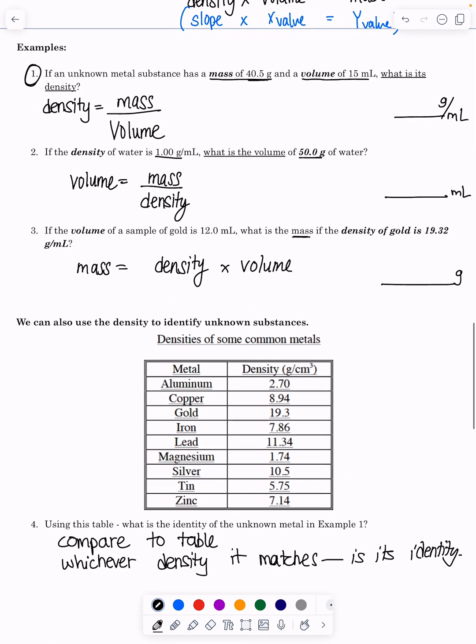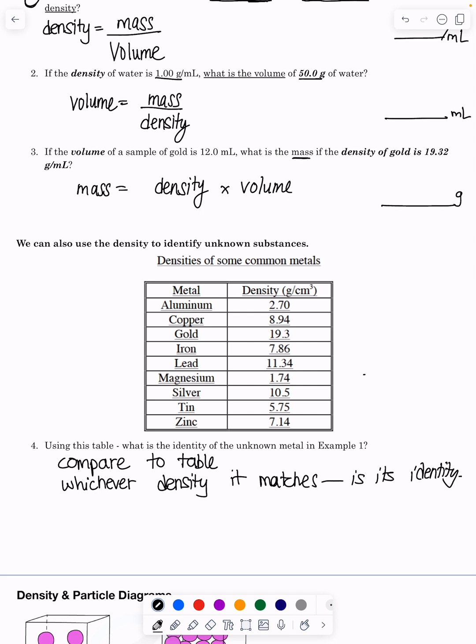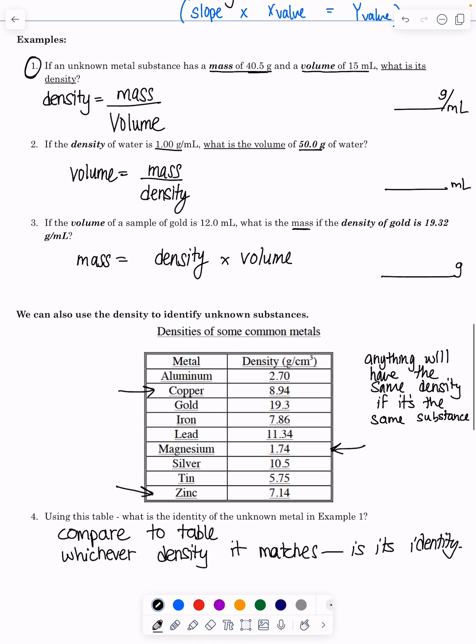So if I calculate number 1 and I get a density of 1.74, that means it must be magnesium. Anything will have the same density if it's the same substance. So the density of magnesium will never change. The density of copper will never change. The density of zinc will never change at given conditions. So I'd like you to try and do questions 1 through 4 and then check with me.